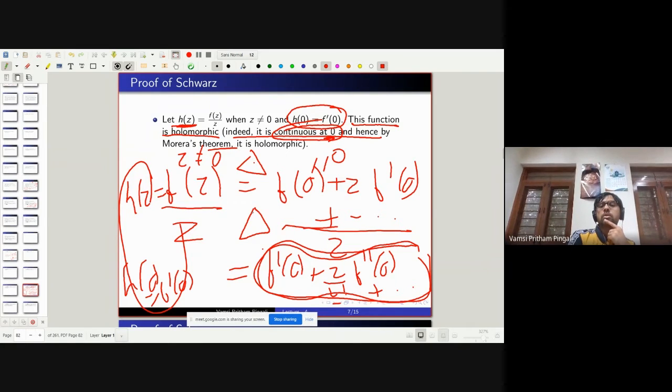if it does pass through 0, it's after all continuous at 0. So what you can do is take, instead of this triangle, a slightly smaller triangle. Over here, the integral is 0. So the integral that you need is only the integral over this small triangle. Likewise, here also, if you take the integral over this triangle, that boils down to an integral over a smaller triangle.